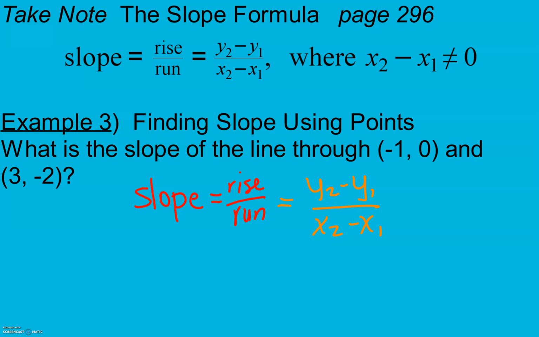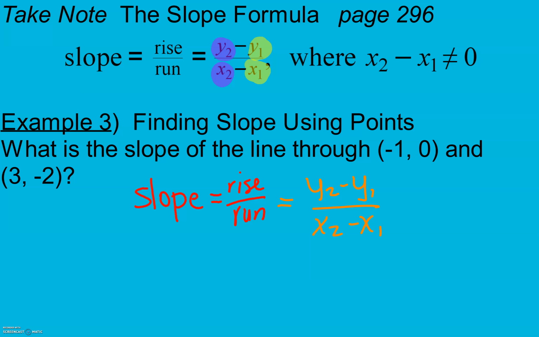It does not matter which point you use, where. What does matter is that you're consistent. So whatever point you use the y value of first, you have to use that same point's x value first. Whatever point you use the y value of second, you have to use the x value from that same point second.